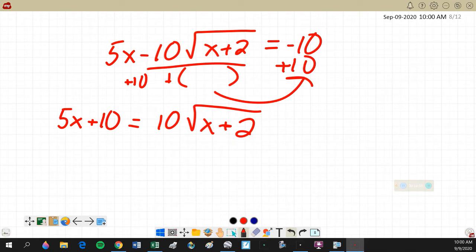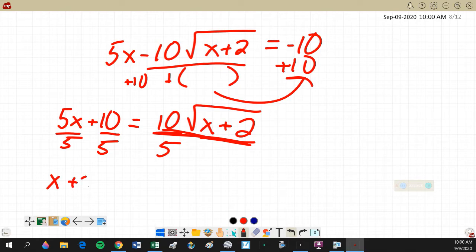That will simplify everything, and I won't have any fractions. Do I need to divide that stuff by 10? By 5? No, it's part of this. That gives me x plus 2 equals 2 square root of x plus 2.